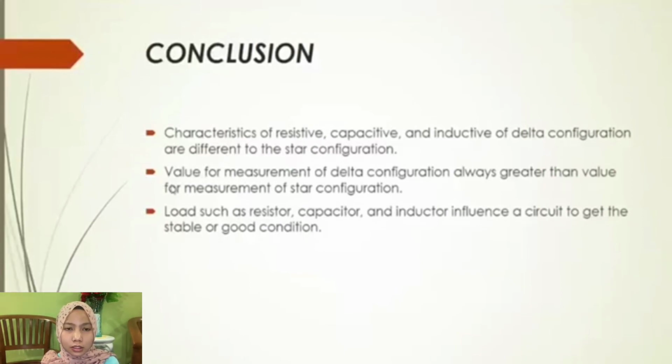Second, the measured values in a delta configuration are always greater than those in a star configuration. Loads such as resistors, capacitors and inductors influence a circuit to get a stable or good condition for this lab. So that's all.